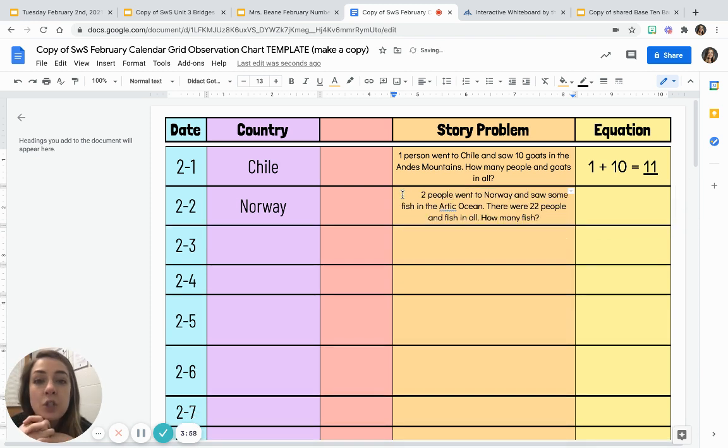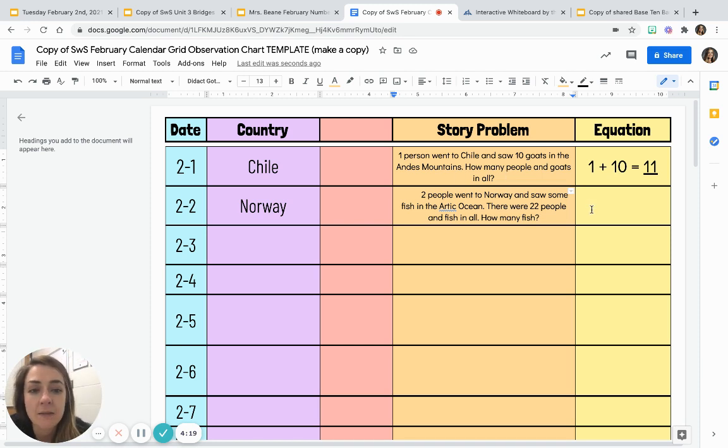Okay. So two people went to Norway and saw some fish in the Arctic Ocean. There were 22 people and fish in all. How many fish? Okay. So I want to think about what parts of the equation I know and what parts of the equation I still need to figure out.